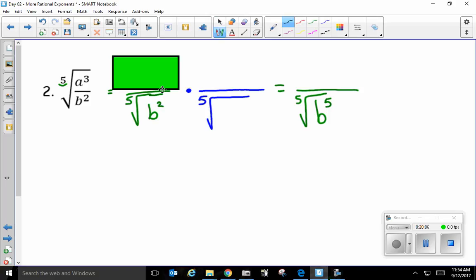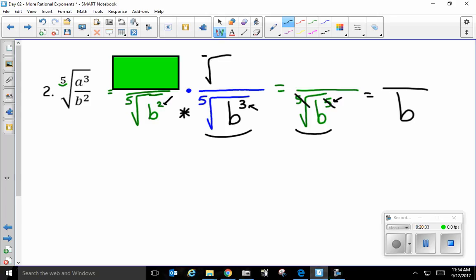In that case, the fifth root will cancel and I'll end up with a b in the bottom. So what am I going to put under this radical? When I multiply the bottoms, I get b cubed, because my 3 plus my 2 gives me my 5. What I do to the bottom, I have to do to the top. So we'll apply this times the fifth root of b cubed.